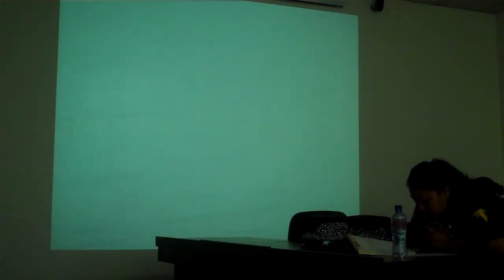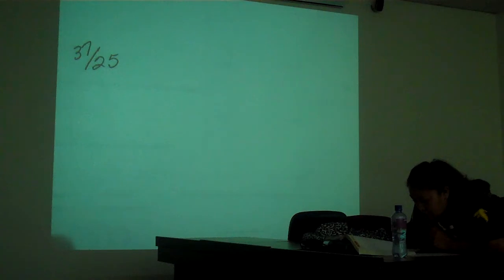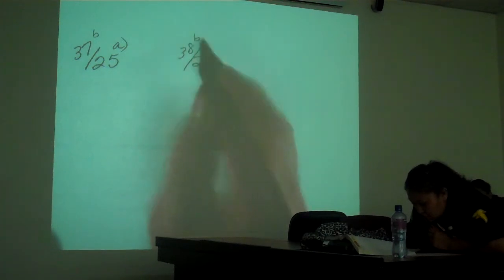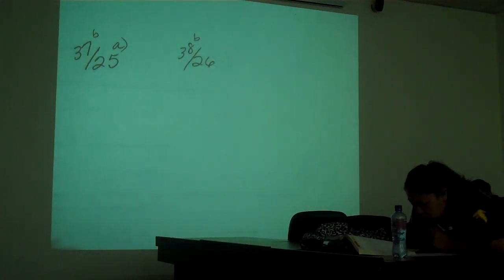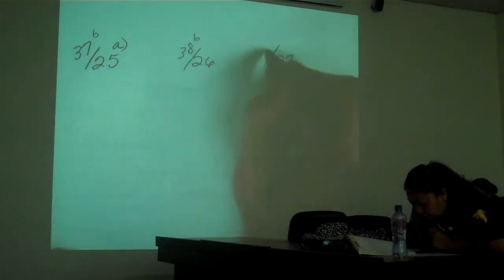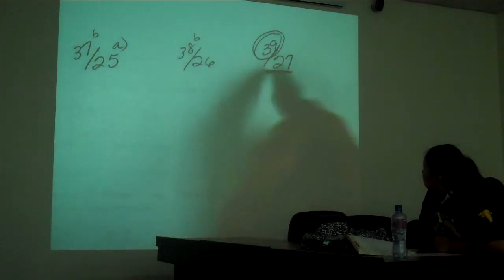I want you to number, like number 25 on the A part is also 37 on the B part. This is the A that's already numbered. It's going to be 37 for B. So 26 for A will be 38 for B. It told you to do 39, so that's going to be the 27. The 39 that you have to do will be the 27.